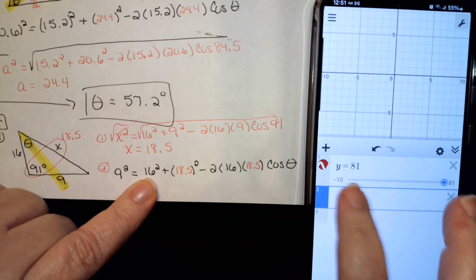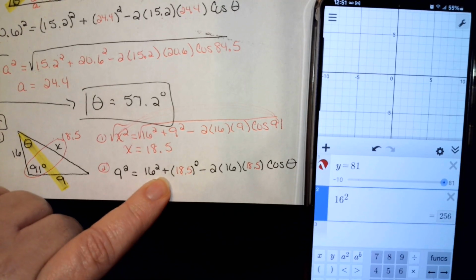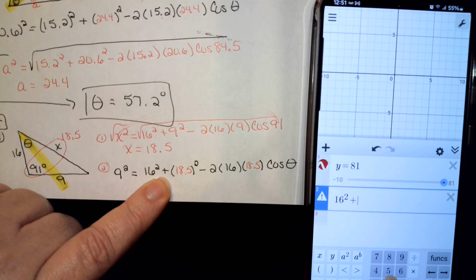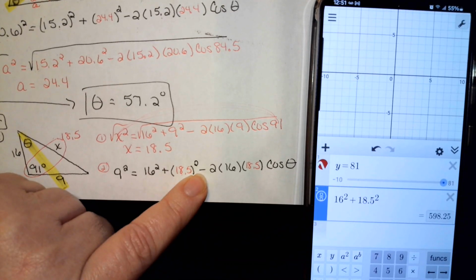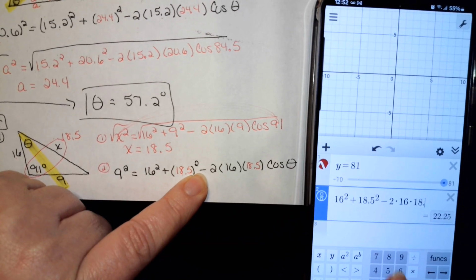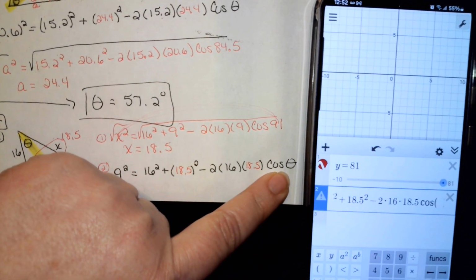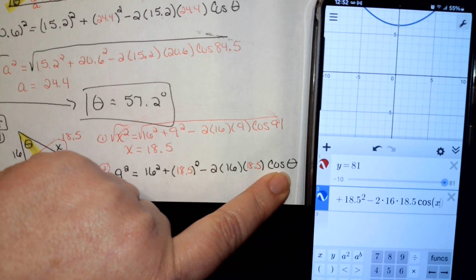And then I'm going to do 16 squared plus 18.5 squared minus 2 times 16 times 18.5 times the cosine. Can't use x. Can't use theta. We're going to have to use x.